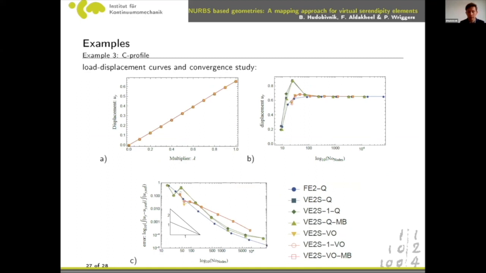In this case, we also get a slight improvement when we integrate on a curved geometry instead of a straight-edge geometry, but the difference is not so big as in the other case. In this case, Voronoi performs slightly worse, but this is also a well-known fact.